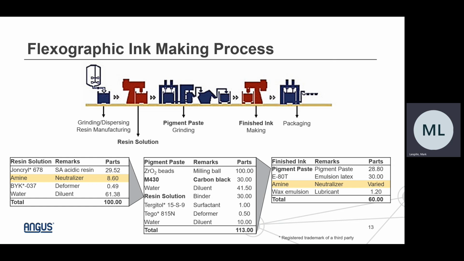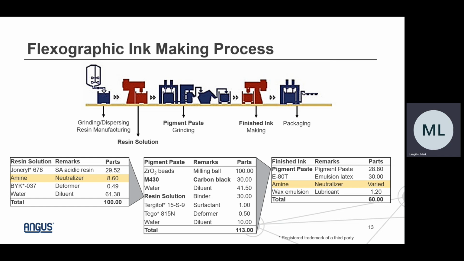We evaluated the ability of AMP to disperse carbon black in a flexographic ink formulation. If you're unfamiliar with the process of making a flexographic ink, there are two places in the formulation where an amino alcohol can be introduced. So the first is in the resin solubilization process, where a base is required to neutralize the acid groups on the resin.